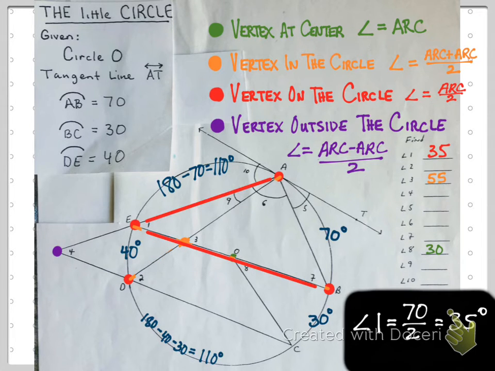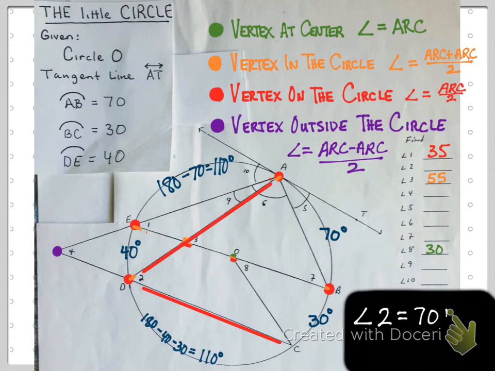Now angle 1. Angle 1 has its vertex on the circle, and you can see that the intercepted arc is 70 degrees. So with the vertex on the circle, we take the measure of the arc and divide by 2. So angle 1 is 35 degrees. Angle 2 intercepts an arc that is 70 degrees plus 30 degrees. So 70 plus 30 is 100.